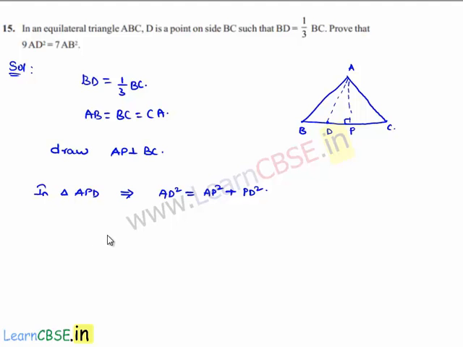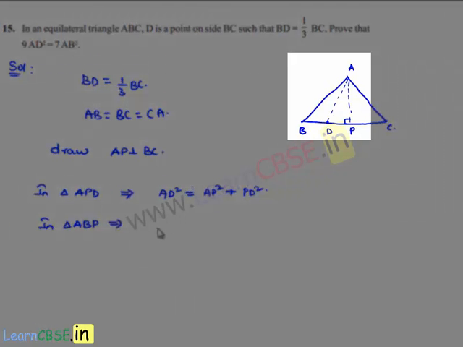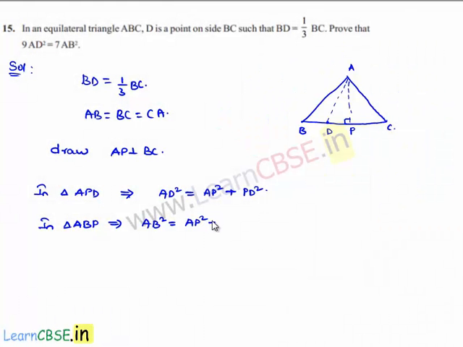Now again, in triangle ABP, by applying Pythagoras theorem, hypotenuse square, that is AB square, is equal to sum of square of other two sides, that is AP square plus BP square. Now let us subtract both the equations in order to eliminate AP square.